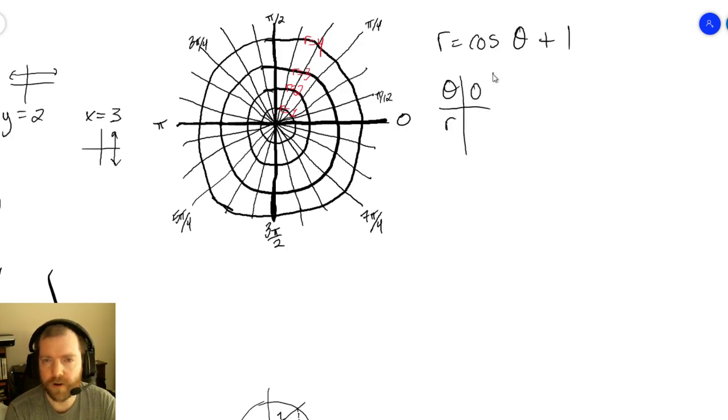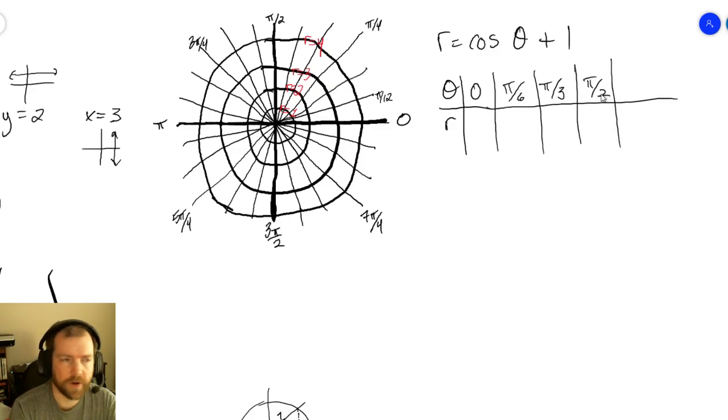So if we do theta and r again: 0, pi over 6, pi over 3, pi over 2. With 0, we plug this in, the cosine value of 0 is 1. Then we add 1 to it, so it's going to be 2.